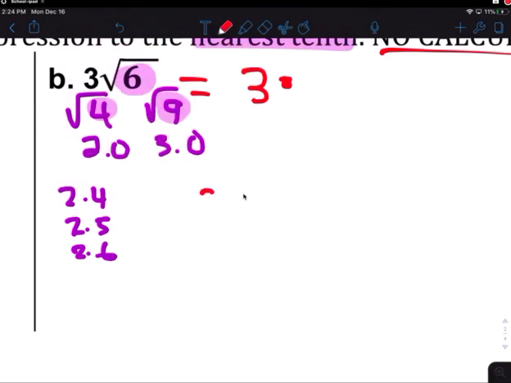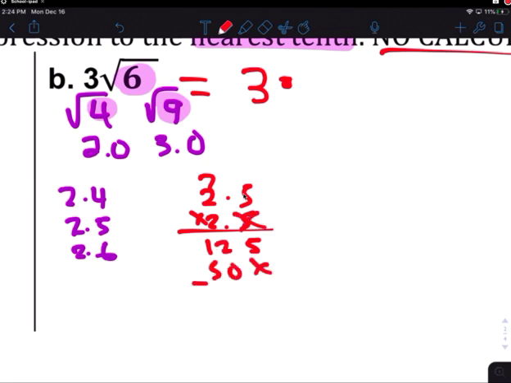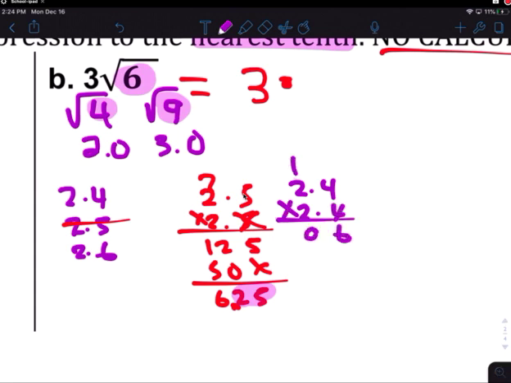Do 2.5 times 2.5. 25 carry the 2, 12, and 10 carry the 1, 5. That's 6.25. Hey, it's over by 0.25. Could be that, or we finish that, 2.4 times 2.4. 16 carry the 1, 9, 8 and 4.